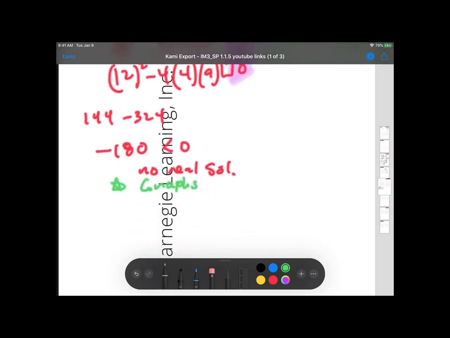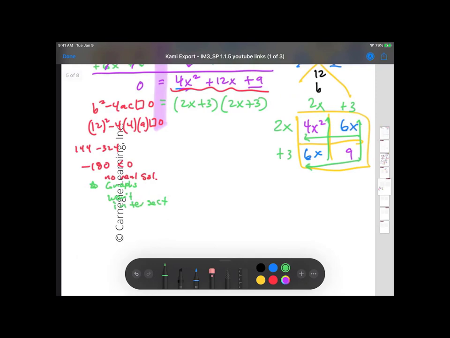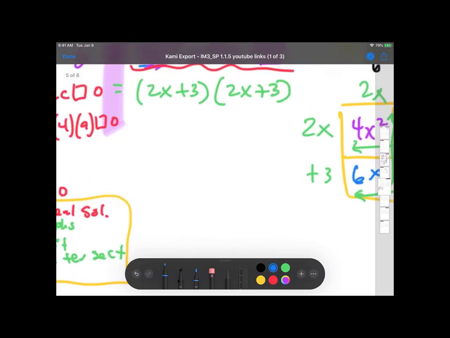Graphs won't intersect. Okay? What does that tell us? This tells us that, let's just say that you kept going. Okay, we already know this information. But let's just keep going and see what happens, okay?